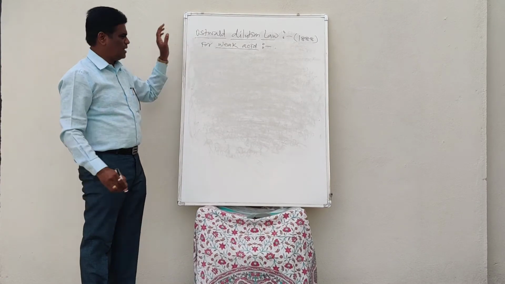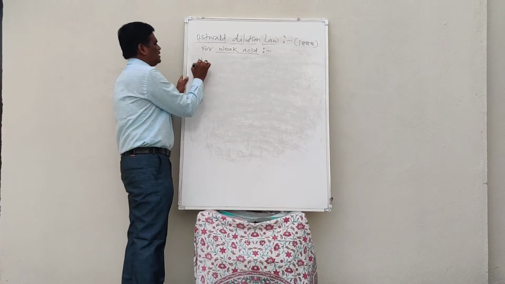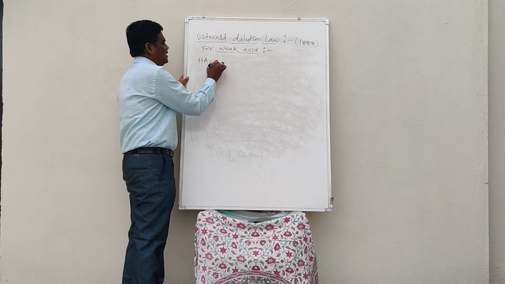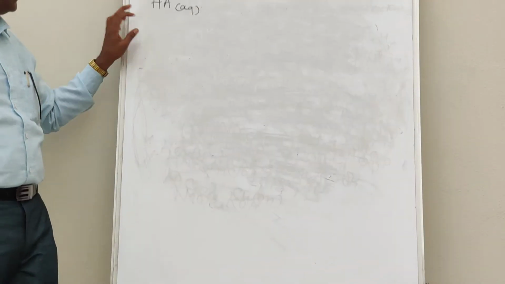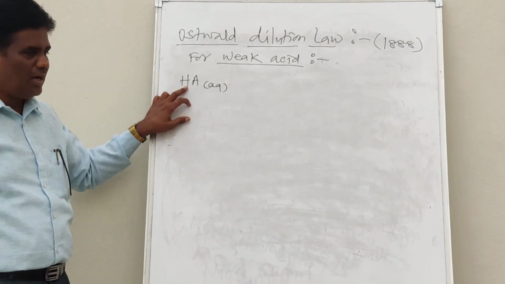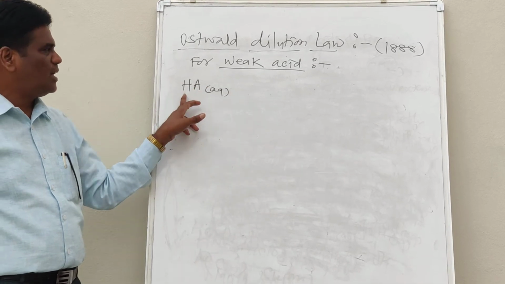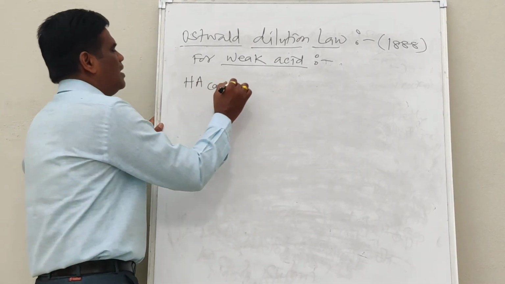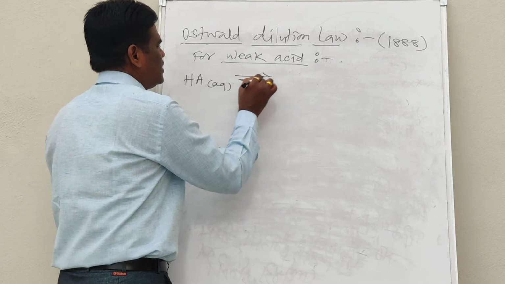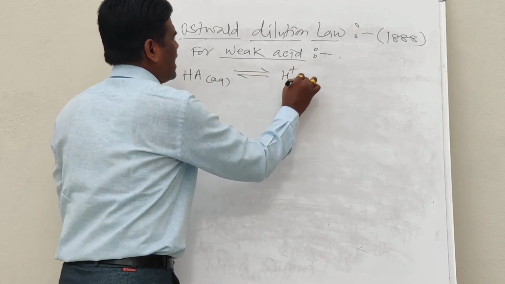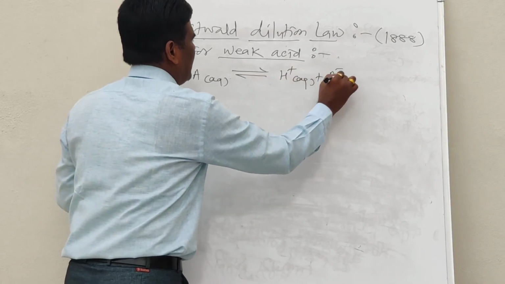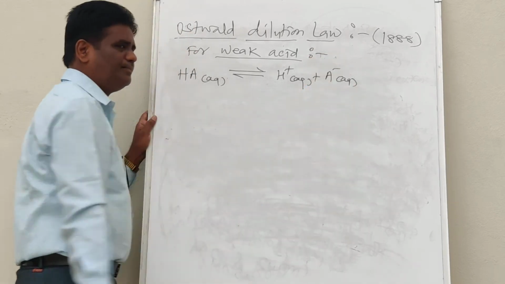Now generally you have to consider that HA is the weak acid because it contains H plus ion when dissolved in aqueous medium. So HA partly dissociates as H plus ions plus A minus ions.